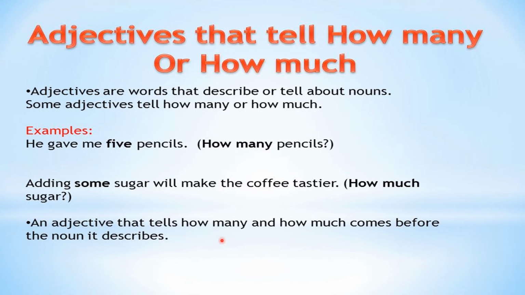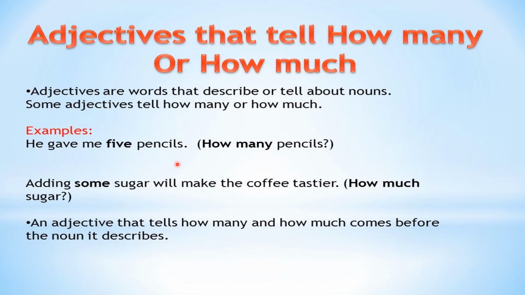An adjective that tells how many or how much comes before the noun it describes. Where is the noun being described here?